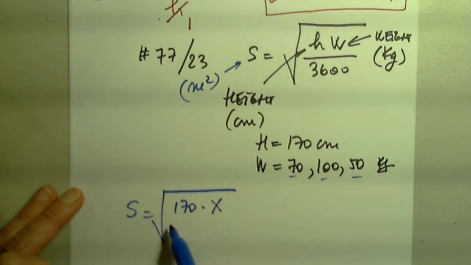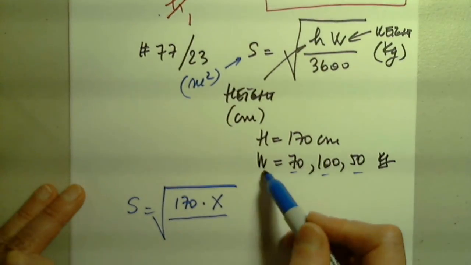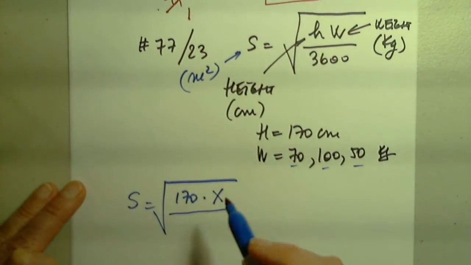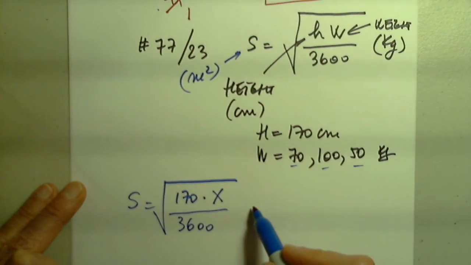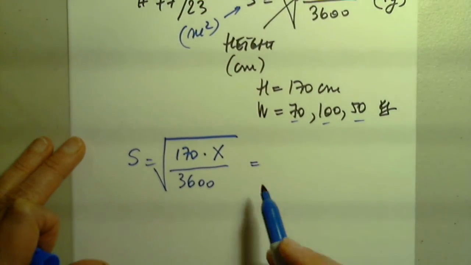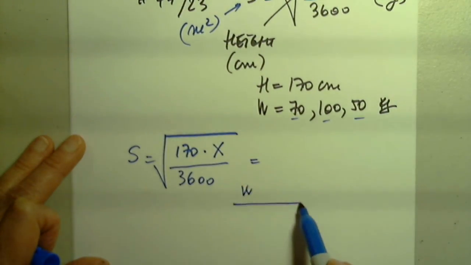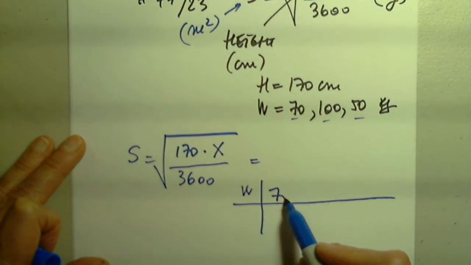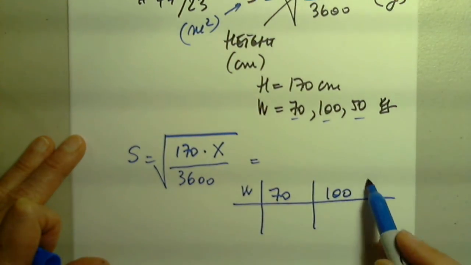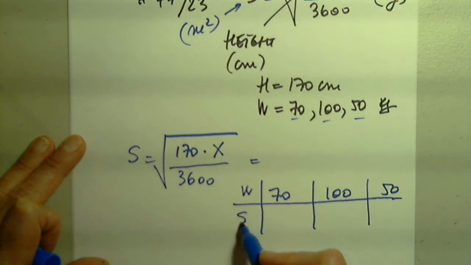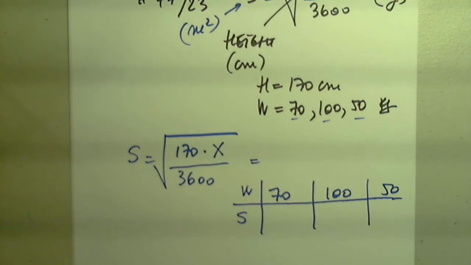I can't put W, so I'm making a point to replace it just for calculator purposes, so you know what it is. Then I will have the answer right away with W 70, and this is S, the surface area in square meters. So I'm sharing my screen.